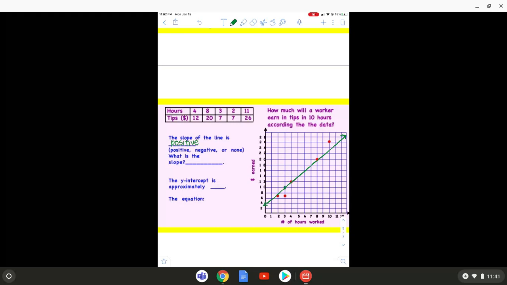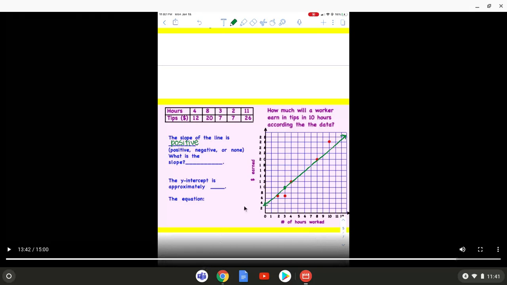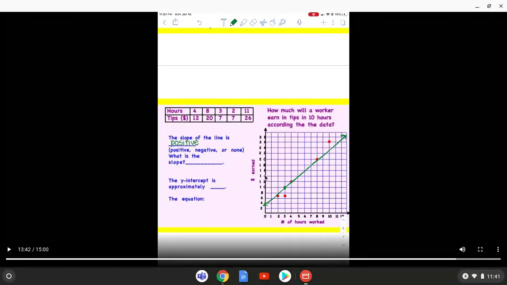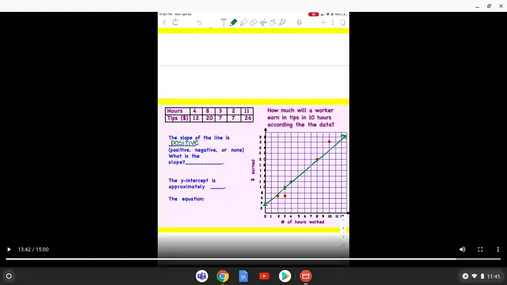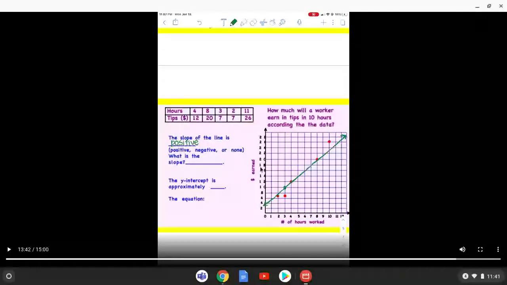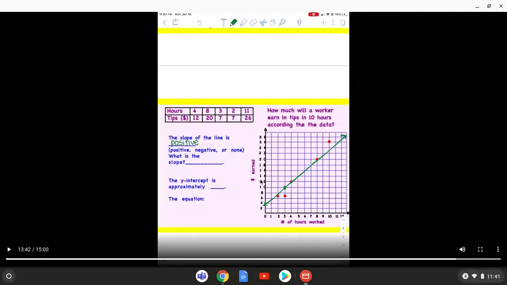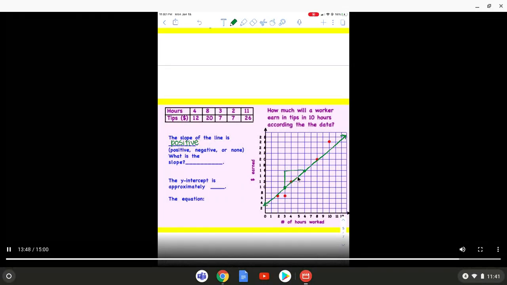So it's important to note here that our y-axis is no longer changing by 1. It is now changing by 2. So we haven't done a slope problem where our y-axis has changed by anything other than 1. So when I draw my triangle here with my 2 points, I see that I have a run of 3.